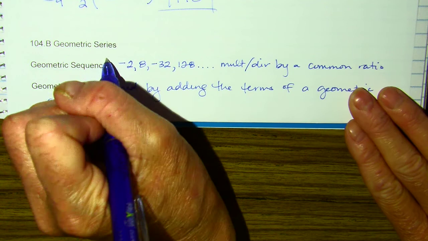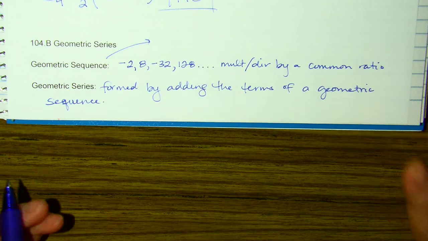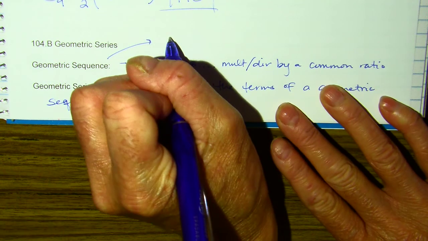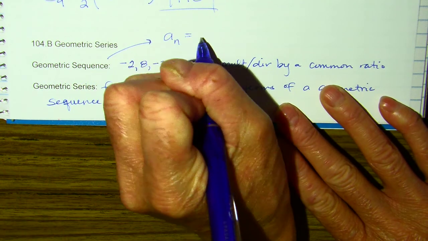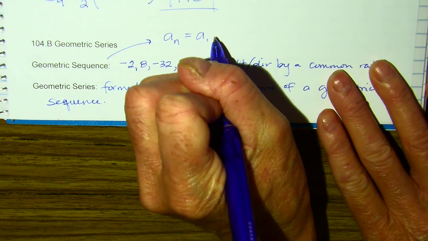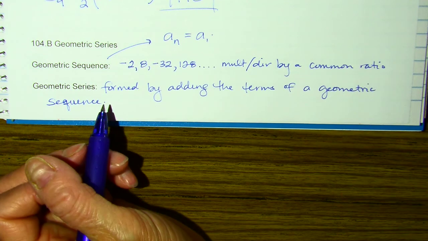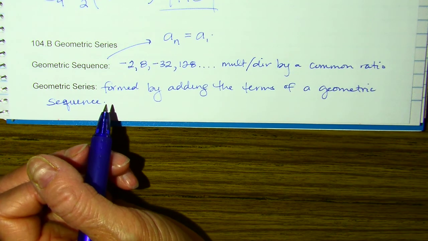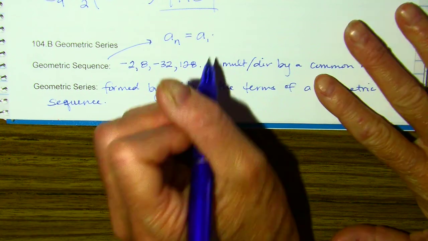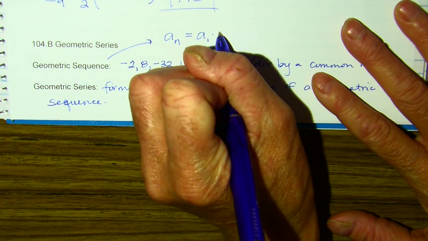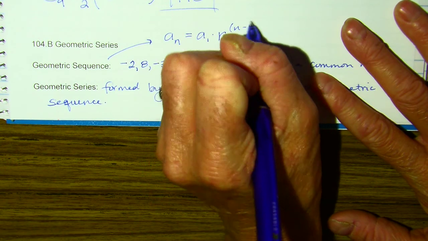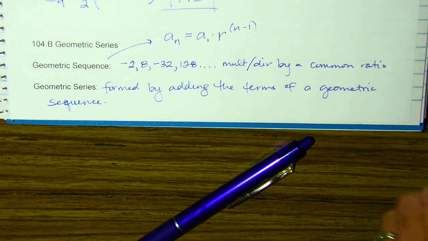And the formula, in case you've forgotten, is A_n equals A1 times, and now I'm forgetting, times r, I believe, to the n minus 1. See, now I'm forgetting what the rule looks like, but I'm pretty positive. Sorry, in a geometric sequence.